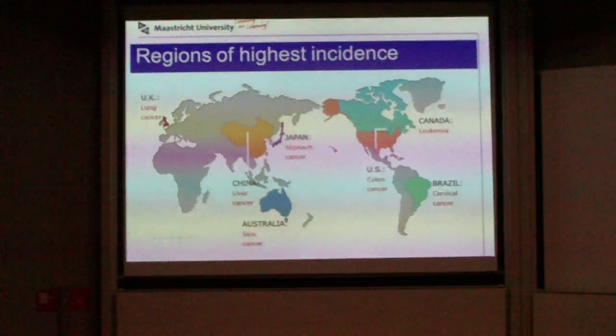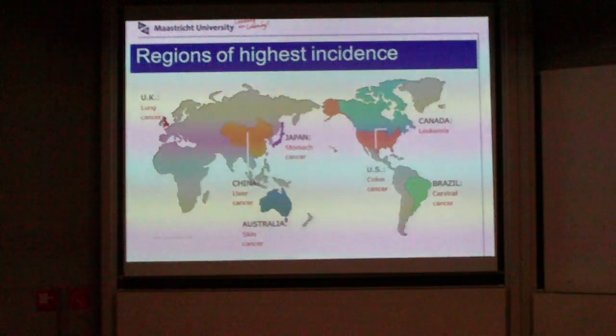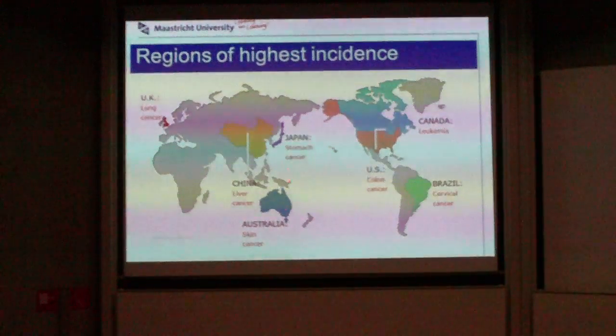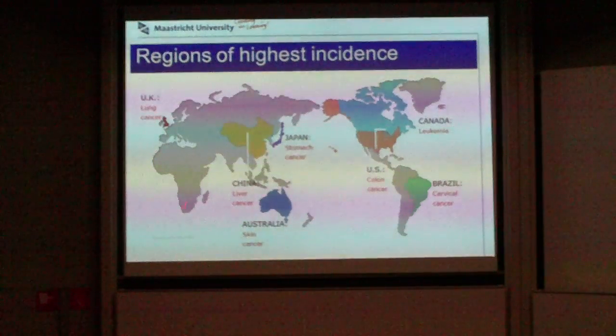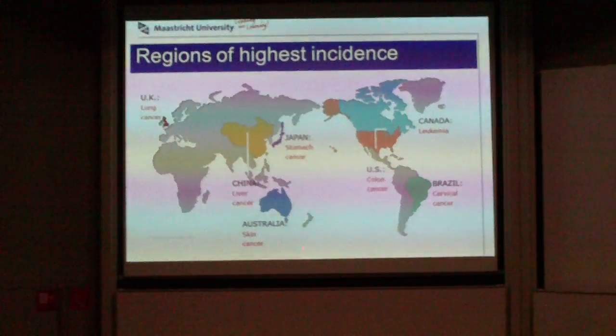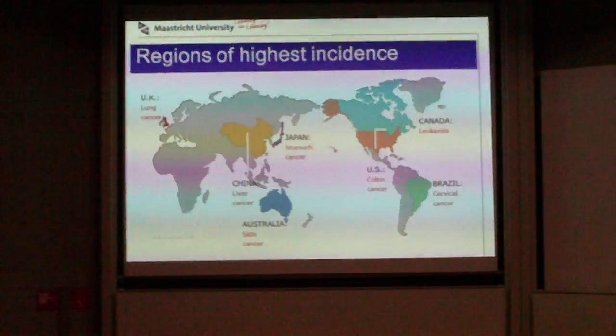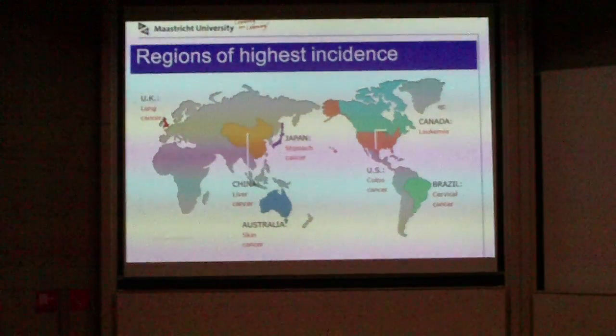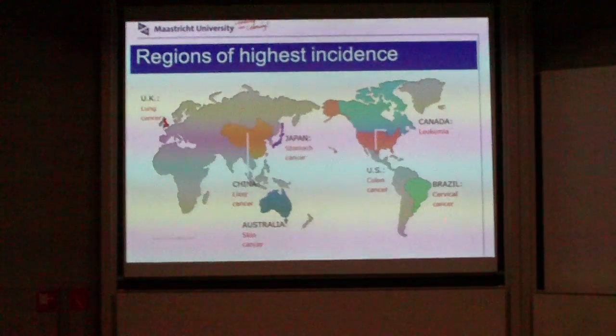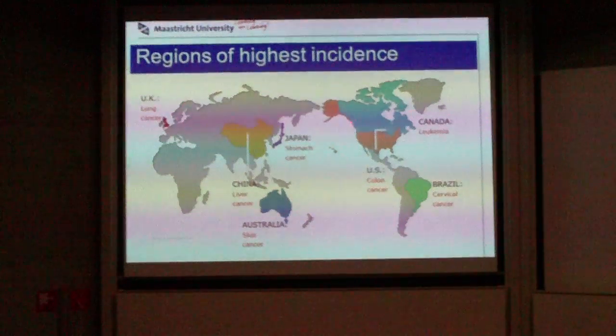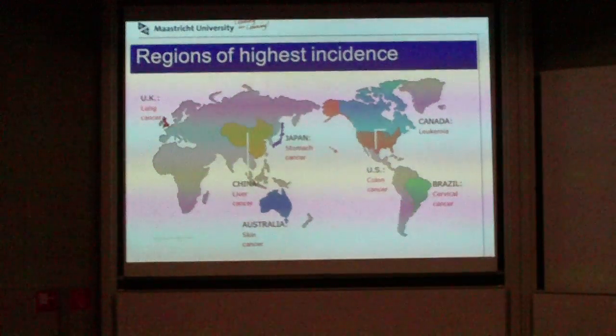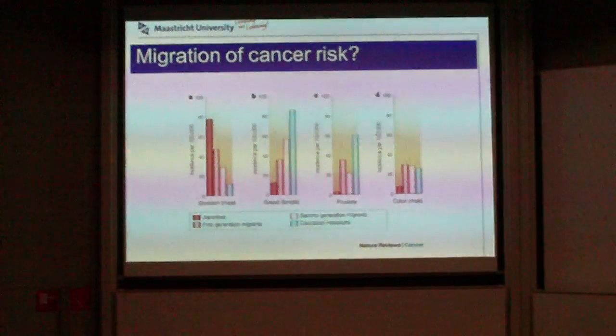So that's why there's a high incidence of liver cancer in China, also other Asian countries. Skin cancer in Australia, well, that's obvious. Some cervical cancer, lung cancer. So there are different major types of cancer in different parts of the world.